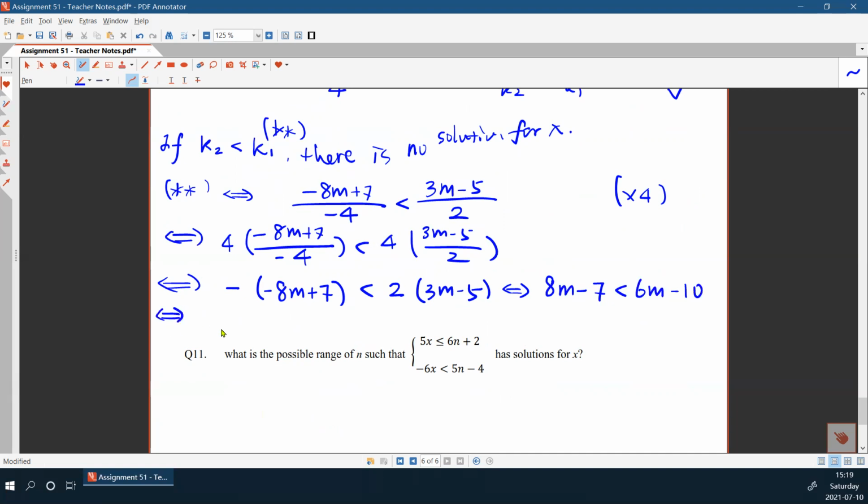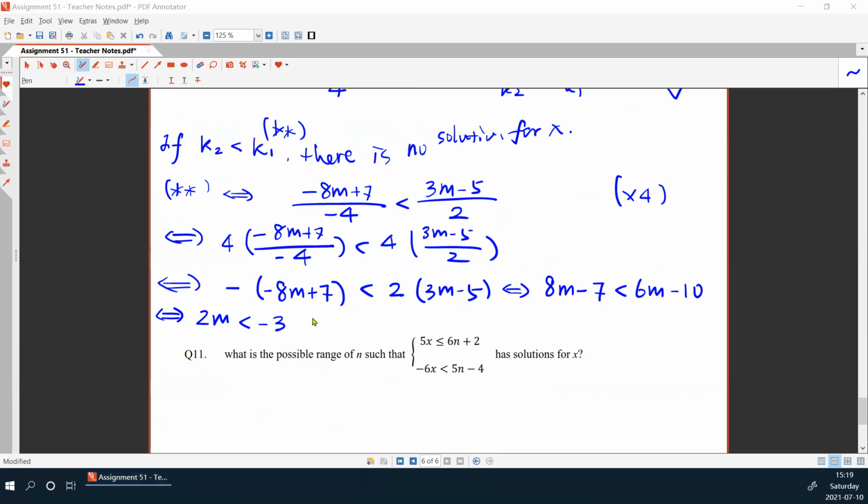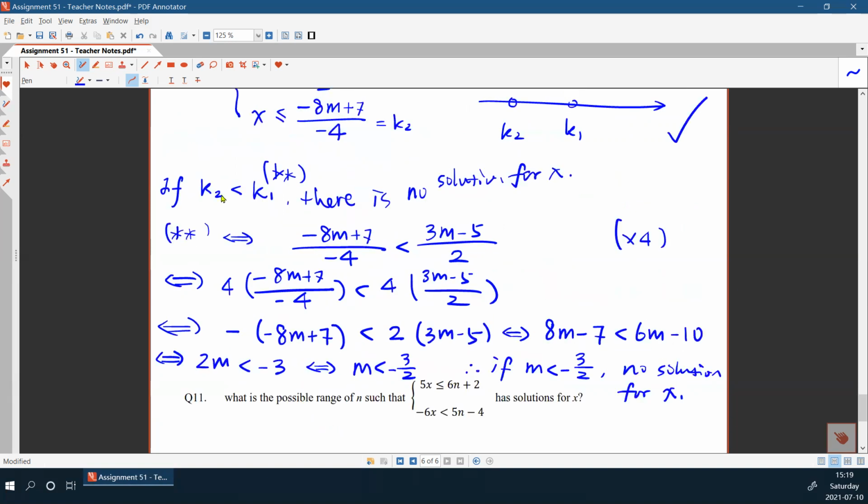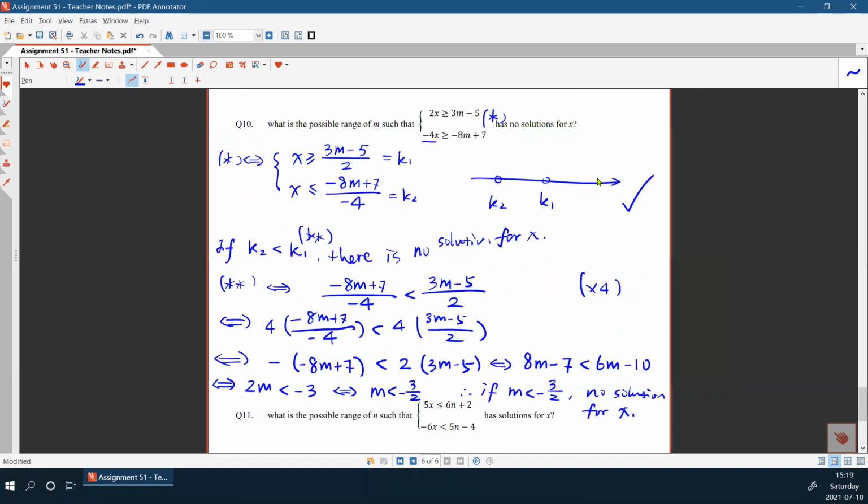And this is equivalent to 2m less than minus 3, right? Which means m is less than minus 3 over 2, right? So the solution is if m is less than minus 3 over 2, no solution for x. You get it? Okay, any questions?